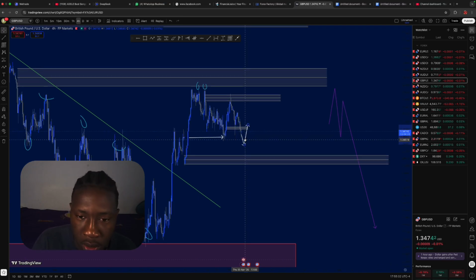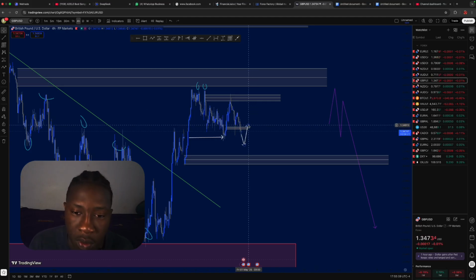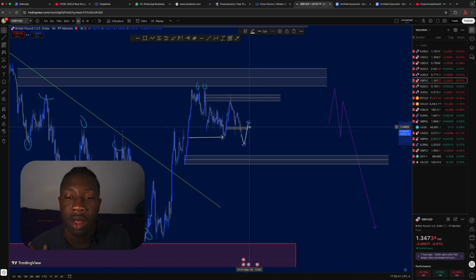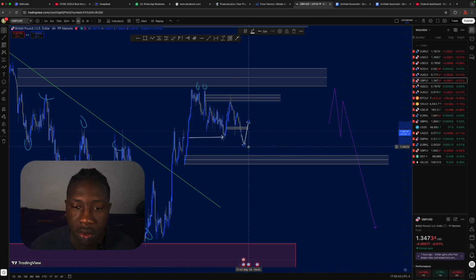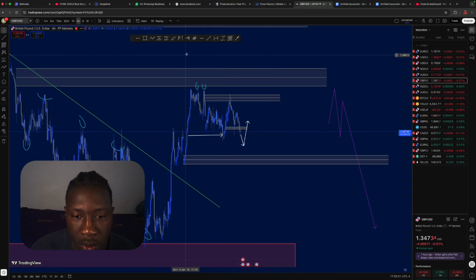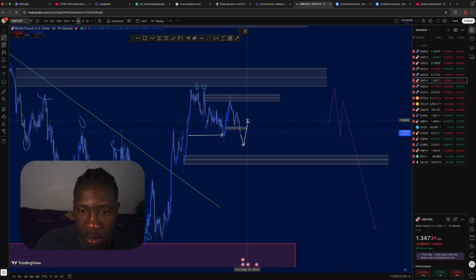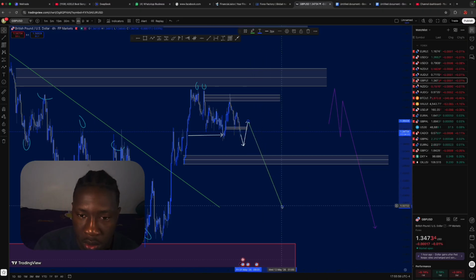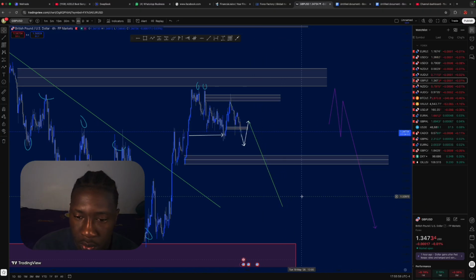We'll take a trade from the new high, but we need a break of structure below this old low. So this is what I am looking for to continue moving to the downside like this one.